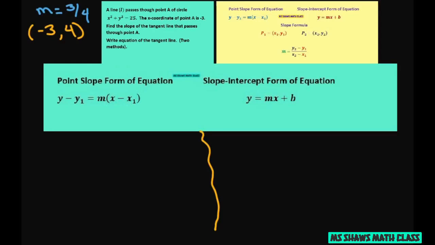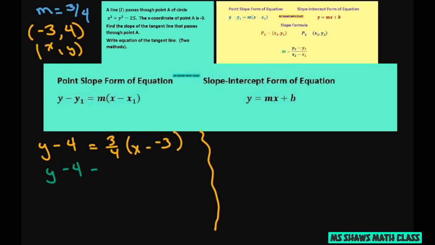So we're going to do y minus 4, this is your x comma y, equals your slope times x minus a -3. So this gives you y minus 4 equals 3/4 x plus 9/4.